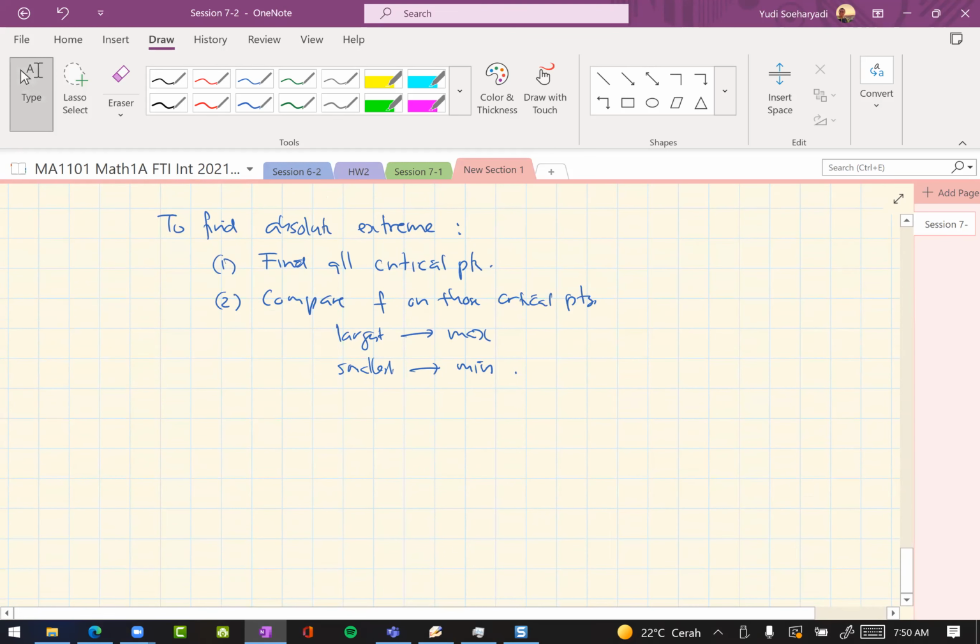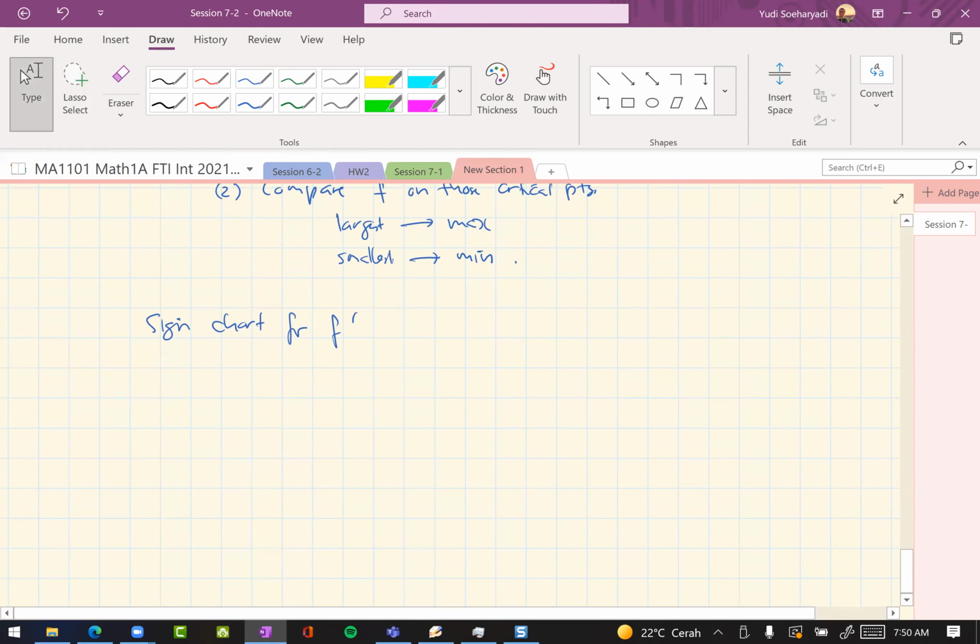All right. See by sign chart. Okay. So, for example, you have a sign chart like this one with this change of sign.